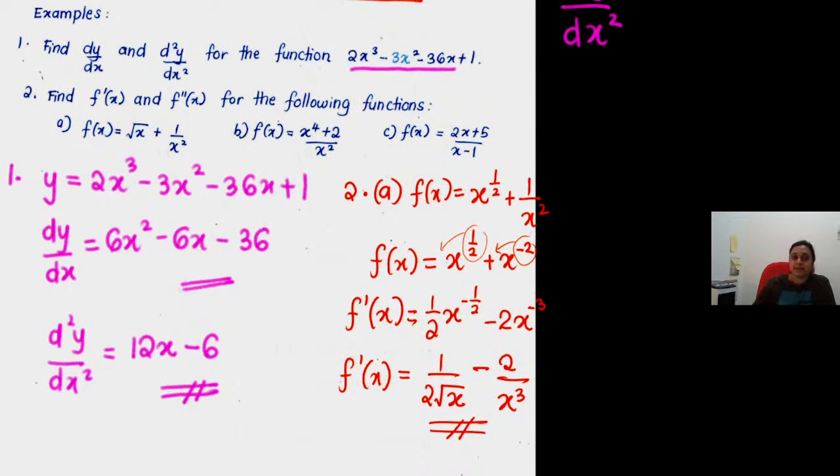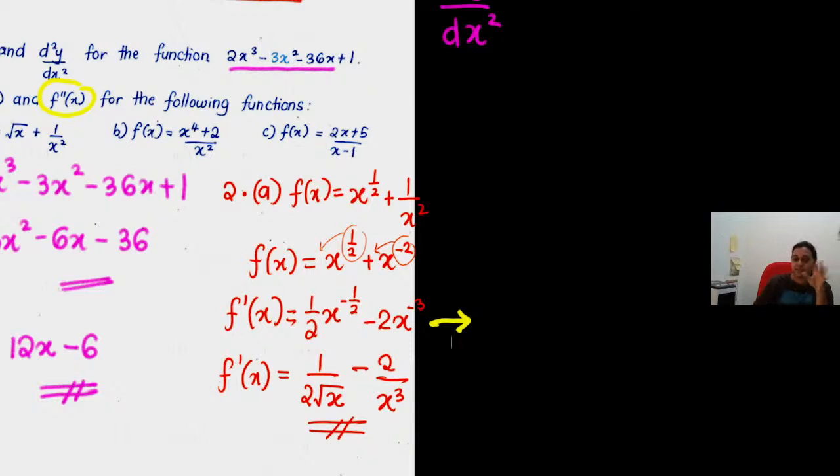But now since we are also finding the second derivative, you continue from here. Don't continue from that final answer. It will be hard because you have to change back the form and everything. Continue from here and find the second derivative.